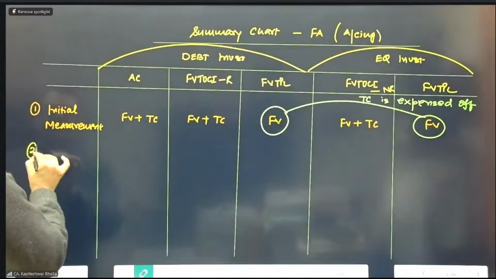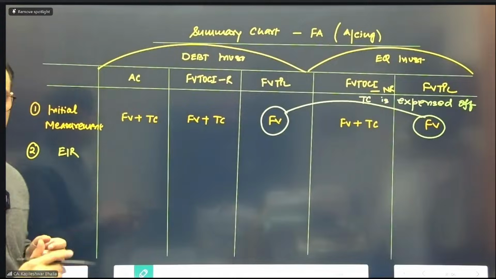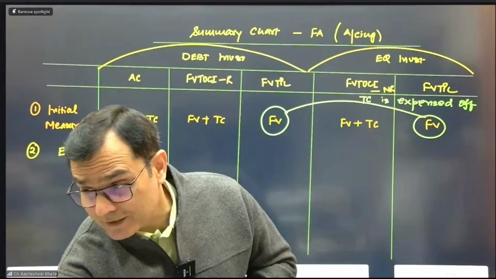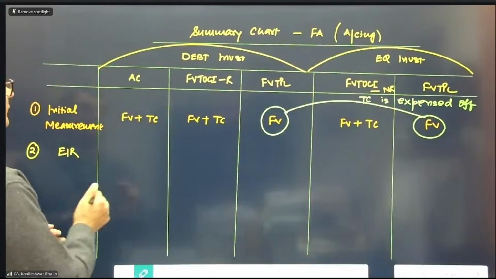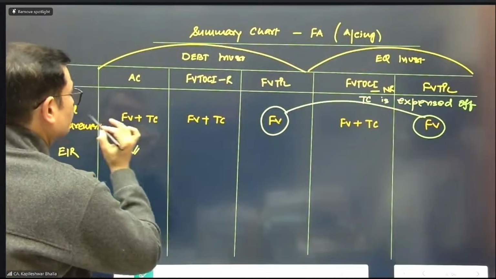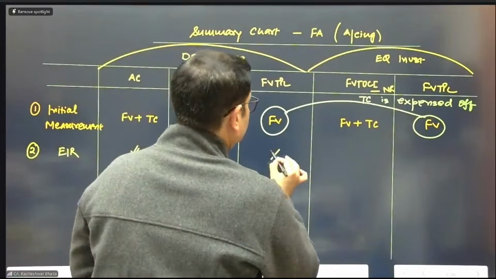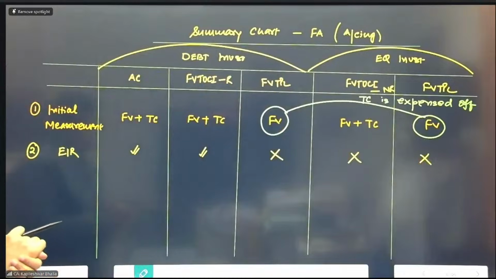Let's first of all also understand where the concept of EIR would apply. Let's consider where the concept of EIR would apply. Can I say in terms of AC, yes, it applies. OCI, yes, it applies. Can I say it is not applicable in these cases?